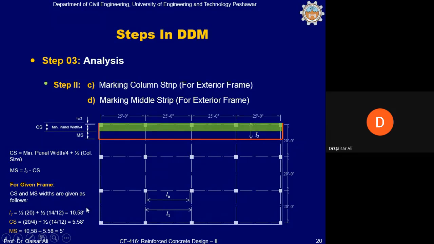So half the column will be added to this half. So the total width of the exterior frame is 10.58 feet, and the column strip out of this is 20 divided by 4 plus half the column. 20 divided by 4 is 5 plus 0.58, 5.58. And the middle strip is 10.58 minus 0.58, which is 5 feet. So this remaining portion is the middle strip, which is only on one side in the exterior frame case. It is 5 feet, and the column strip is 5.58 feet.